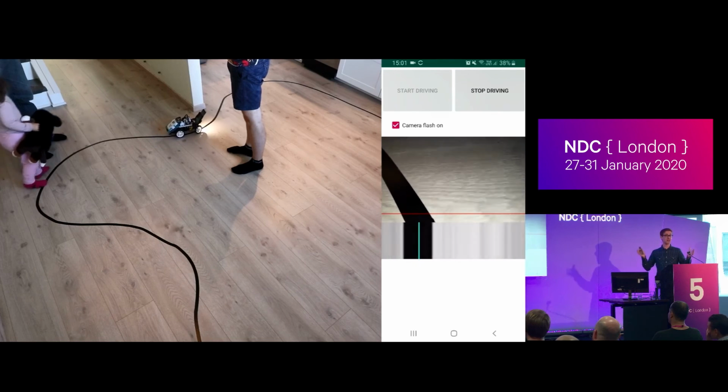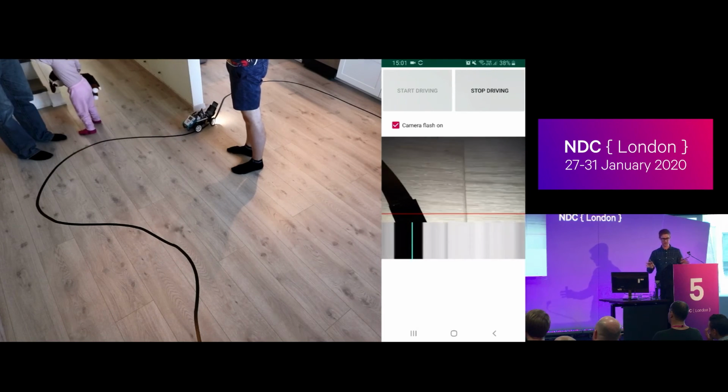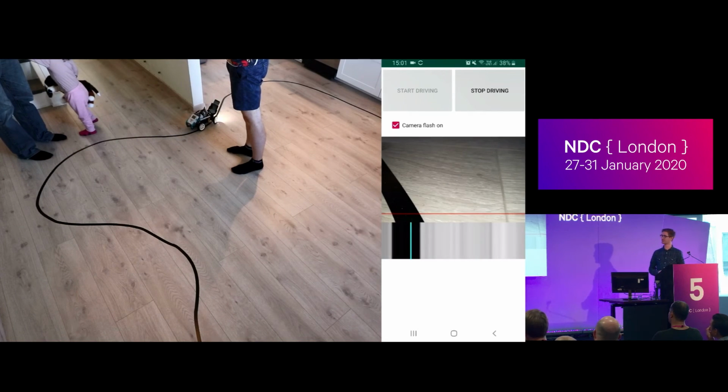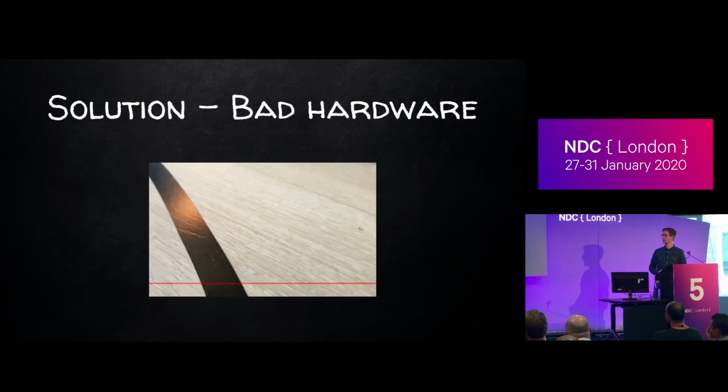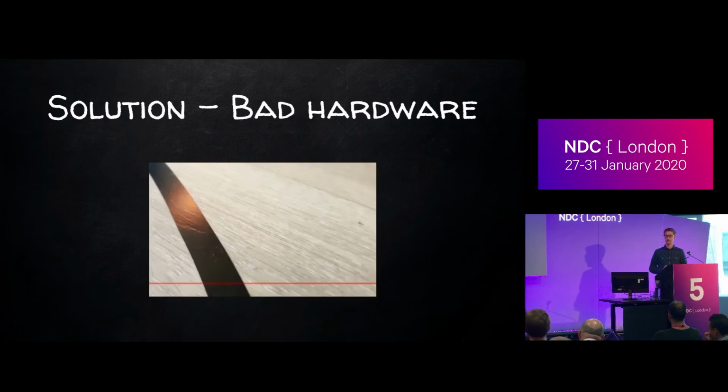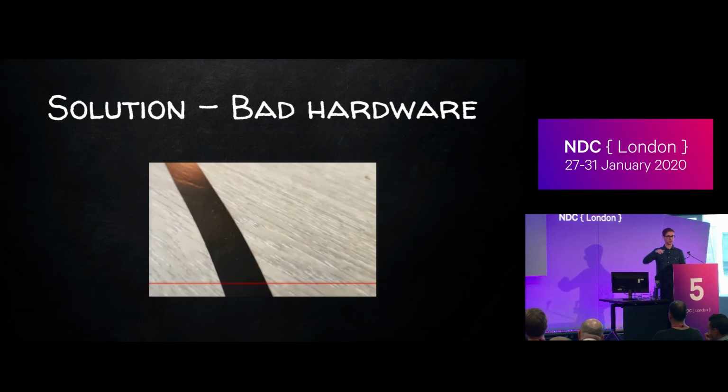Okay, so we have a better model, but everything is not perfect. So let's move on and see what else we can do. We talked about the hardware earlier. One simple change we can do is to change the angle of the camera.